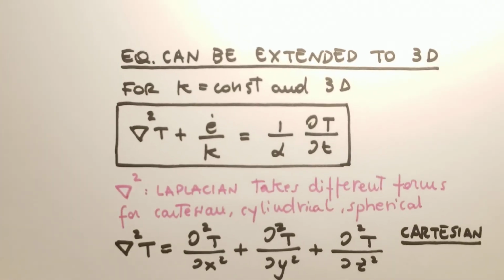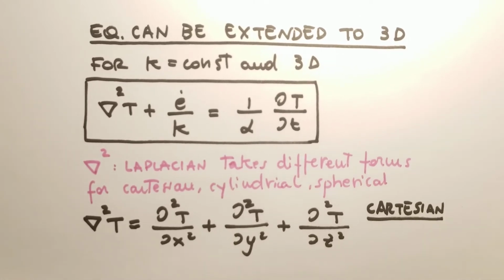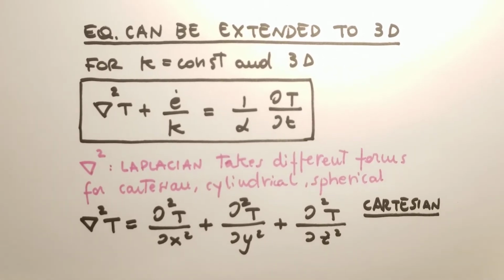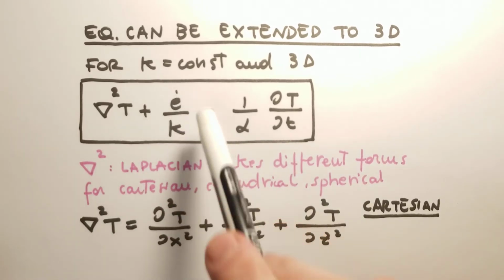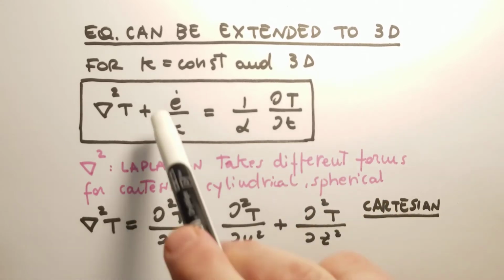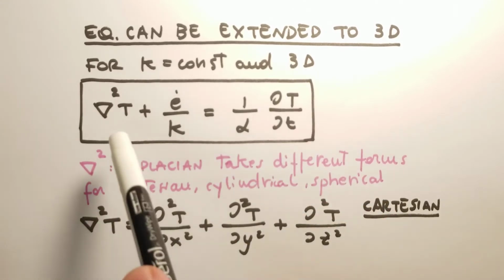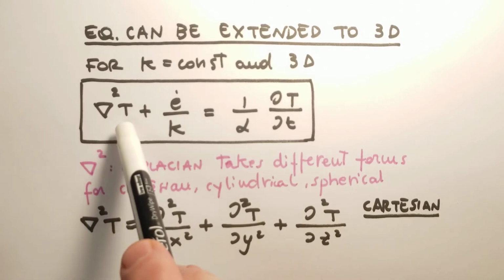Obviously, we can extend our analysis to 3 dimensions. And so the conduction equation for K equal constant in 3D assumes this form, where we have introduced the Laplacian of the temperature.